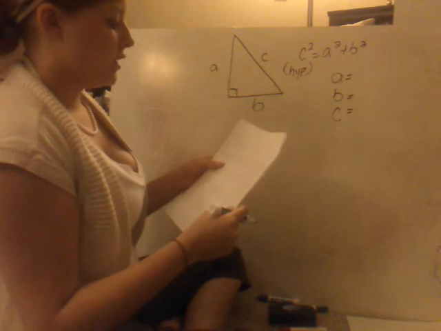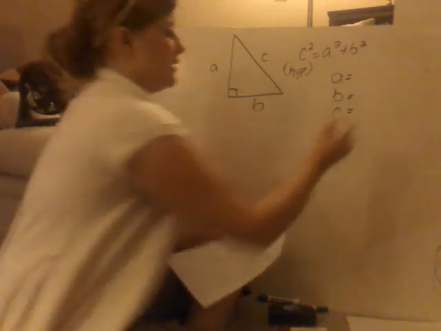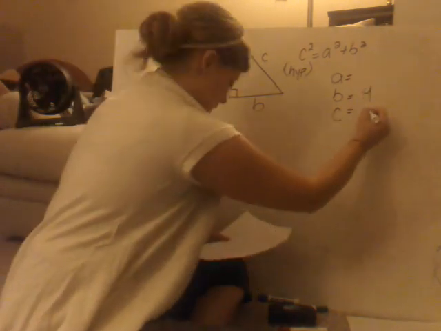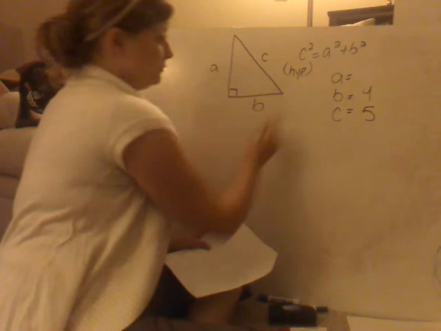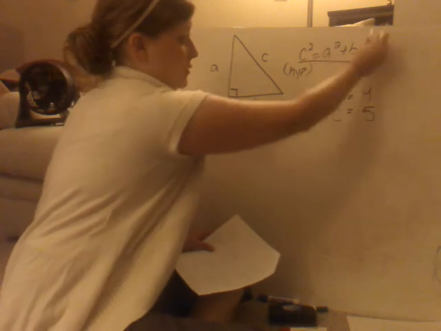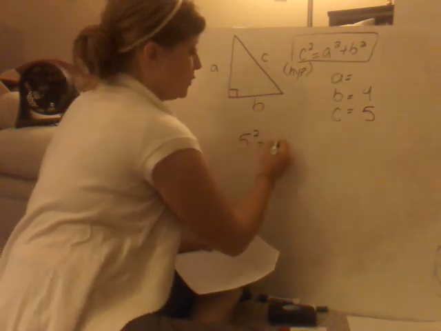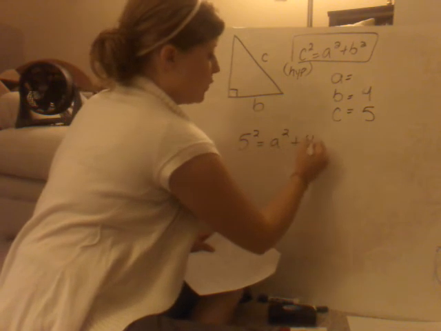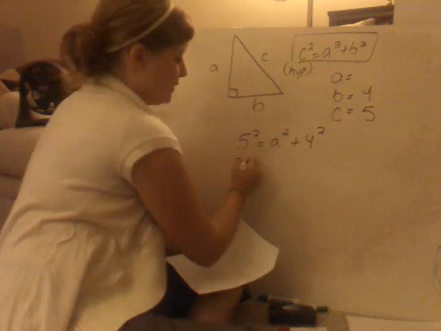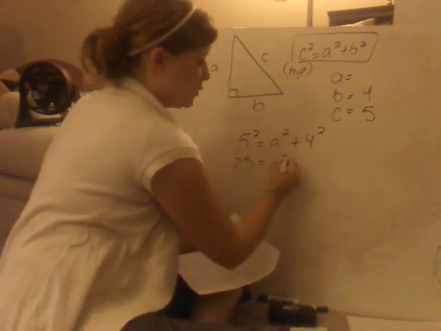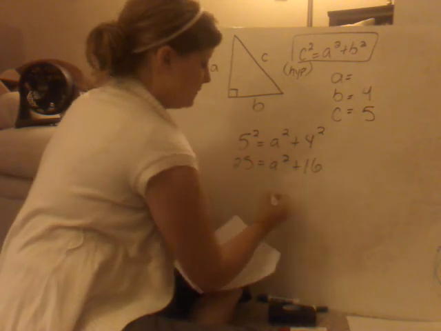So we start out for number 11, I tell you that B is equal to 4 and C is equal to 5. Same equation, so here's my equation up here. So I have 5 squared is equal to A squared plus 4 squared. This is 25 is equal to A squared plus 16.